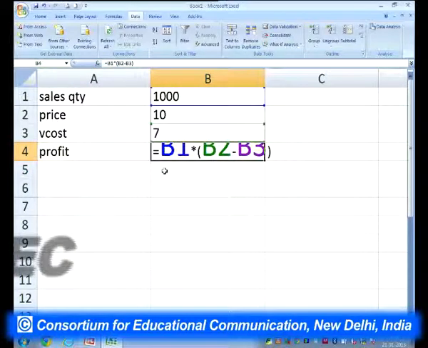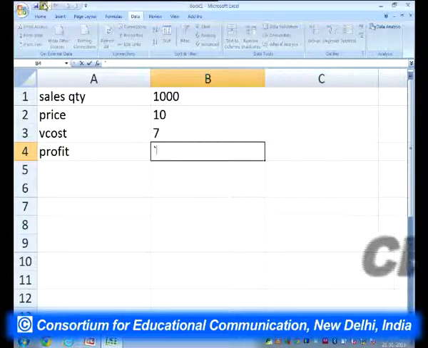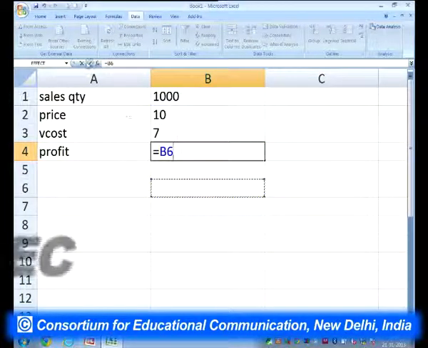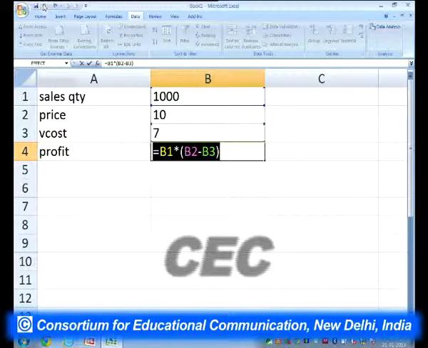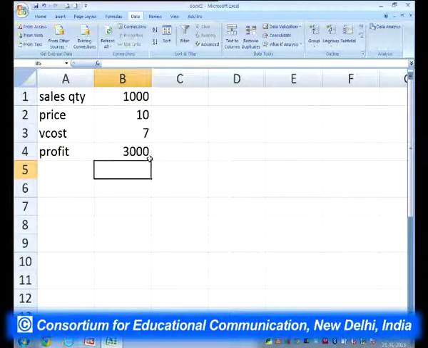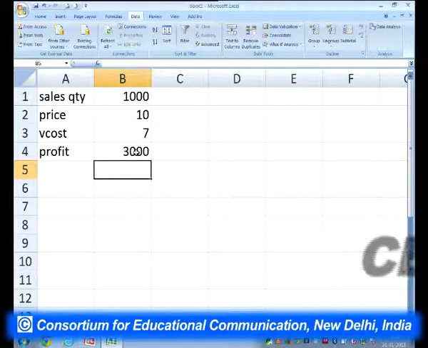Now people who don't use references, what do they do? They will simply type 3000. They may mentally calculate this whole thing and type it over here. That is called hard coding. But the way we have done it is referencing. But still it is not the right way.